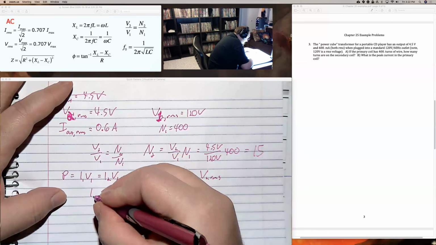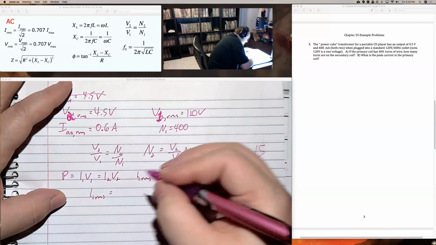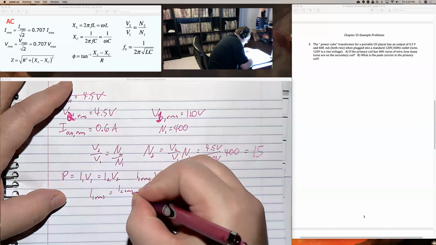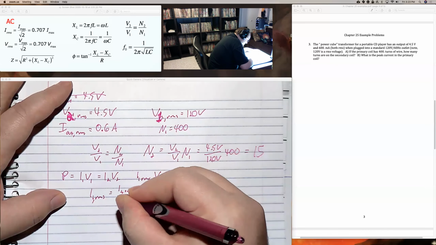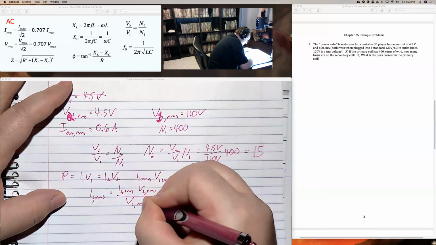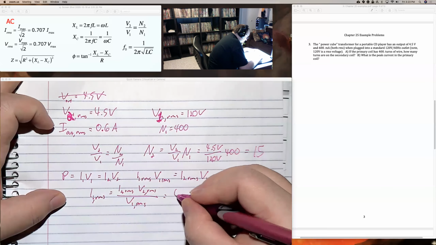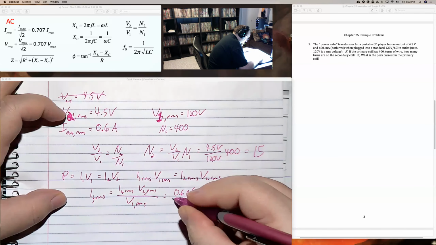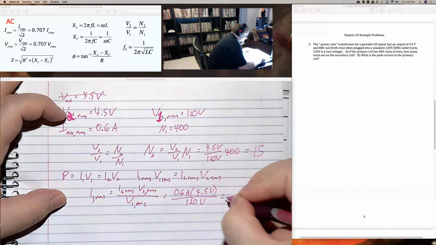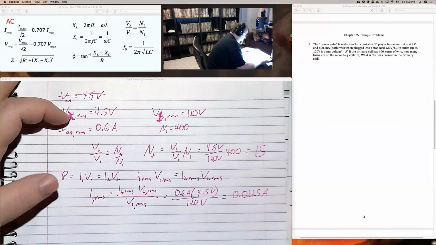Okay, so I1 RMS equals I2 RMS V2 RMS over V1 RMS. So 0.6 amps times 4.5 volts over 120 volts is 0.0225 amps.